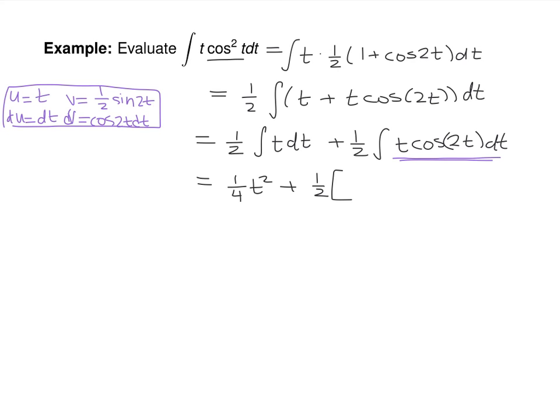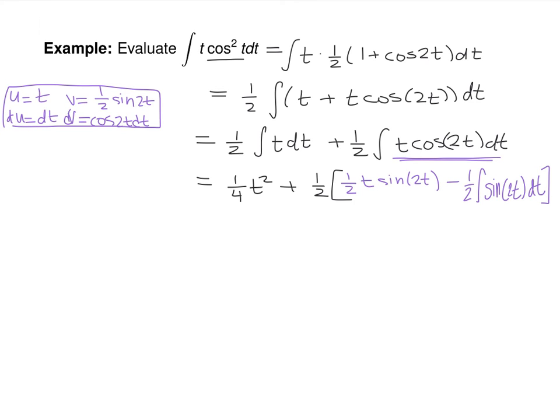So this becomes uv, so 1/2 t sine of 2t minus the integral of v du, so minus 1/2 integral of sine of 2t dt. There we go.